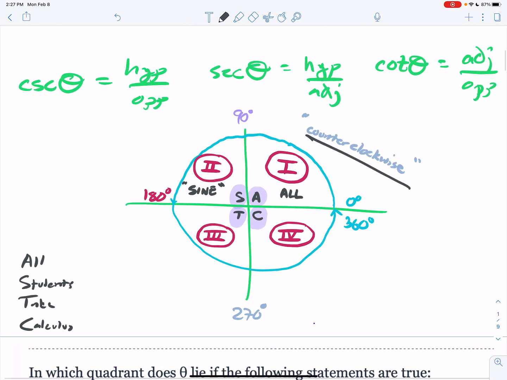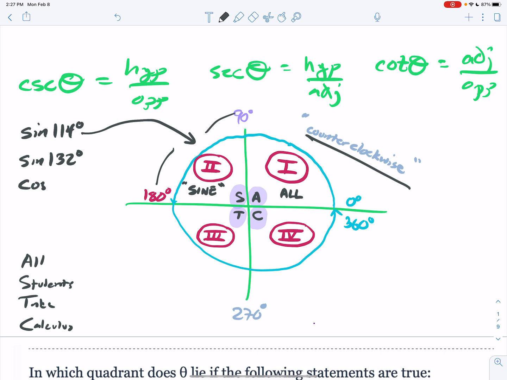Okay, so let me give you some values to play with on the calculator, okay? The sine of 114 degrees, notice how 114 is somewhere between 90 and 180, okay? Sine of 114 degrees, if you type it into your calculator, it will come out to some positive number. If you do sine of 132 degrees, it will come out to a positive number.